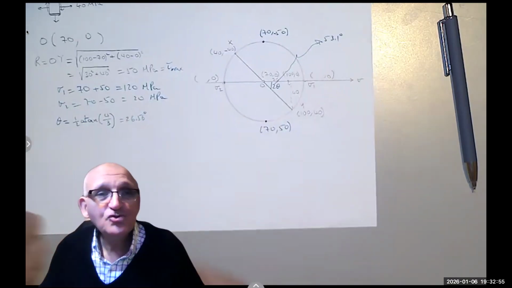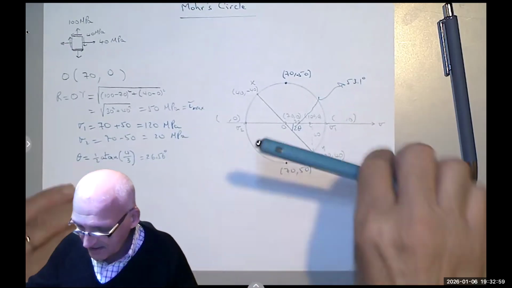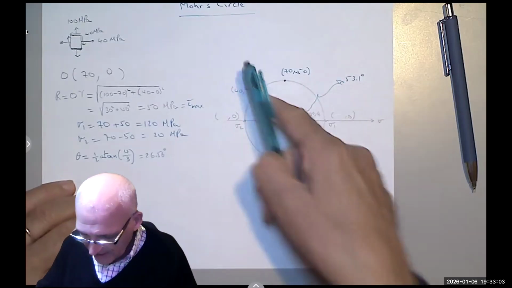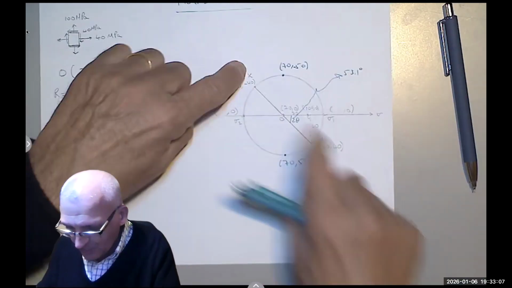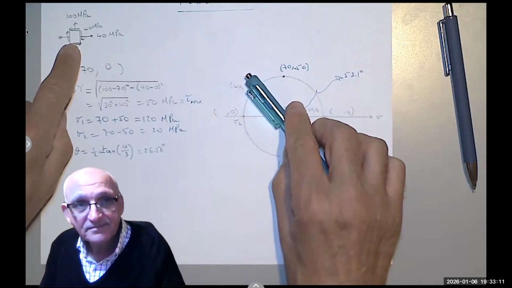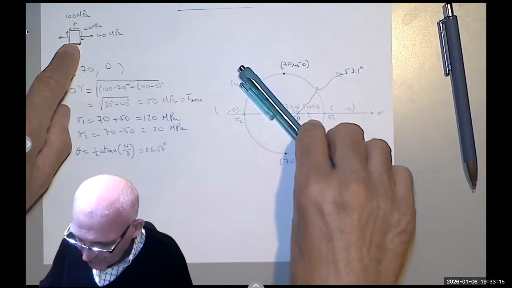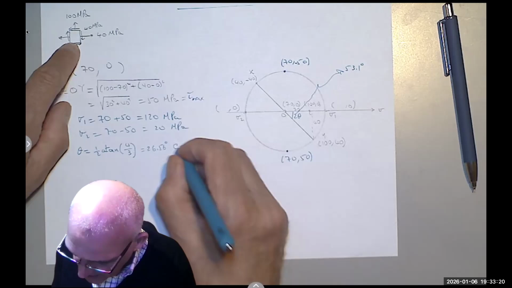Usually they ask you to draw the principal axes. Notice these are two lines perpendicular to each other, x and y. In order to get to the principal axes, I have to rotate 26.56 degrees counterclockwise.